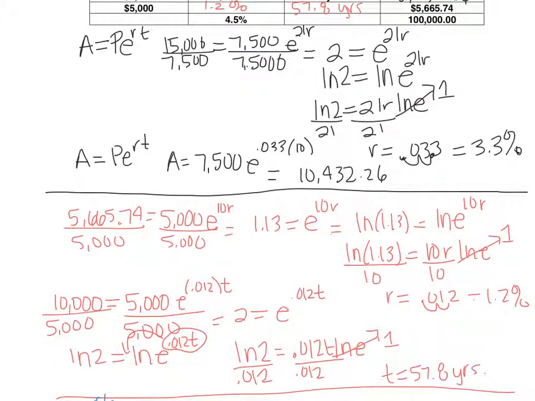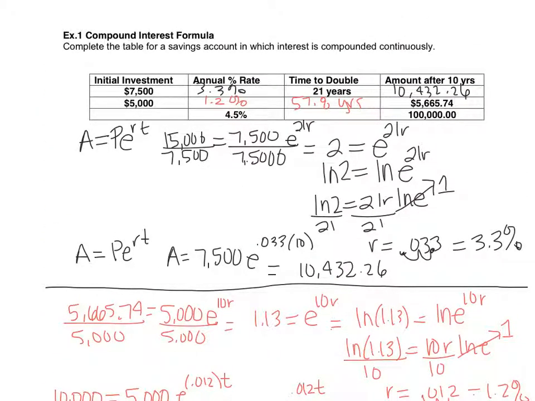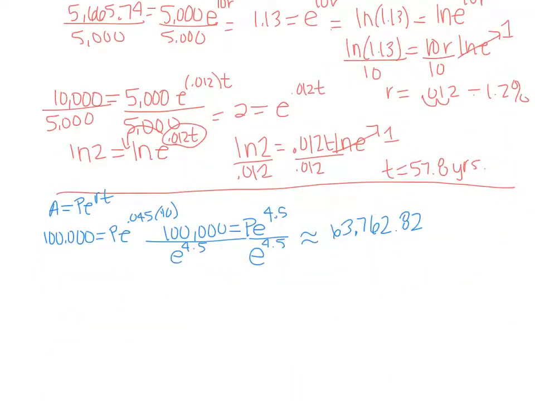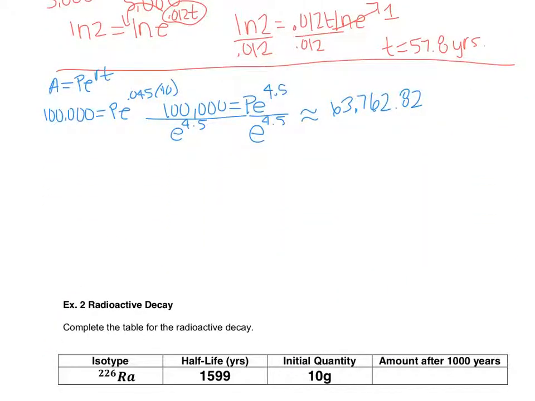So I'm going to go up here to my chart. I'm going to fill it in. I had $63,762.82 to begin with. So then let's think about, okay, now we want to know time to double. So first off, in setting my equation up for doubling it, I'm going to take this and multiply by 2 and get what the doubled amount would be.